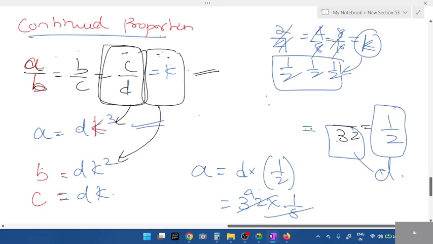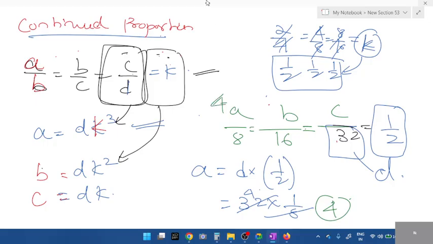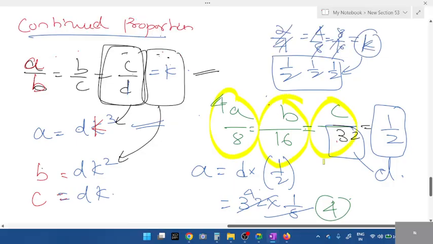Three values should have been there: 8, 16, 32. This is A, this is B, this is C. If I write the formula, I'm getting 4 as the answer. So A will be 4. This is how you substitute. Remember, 3 terms should be there. We should have 3 terms like this.